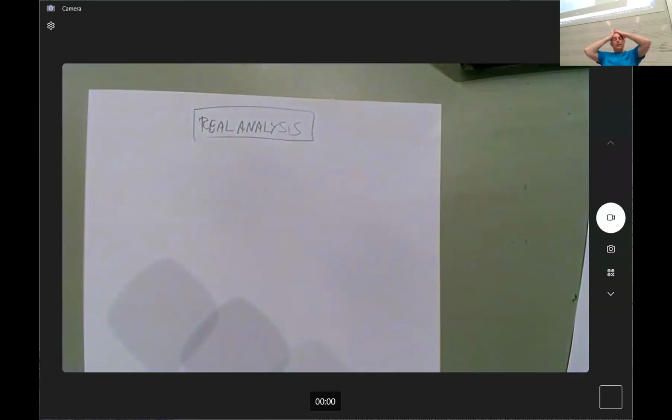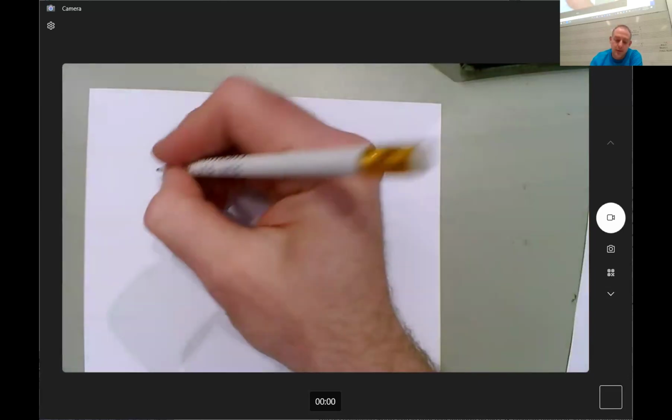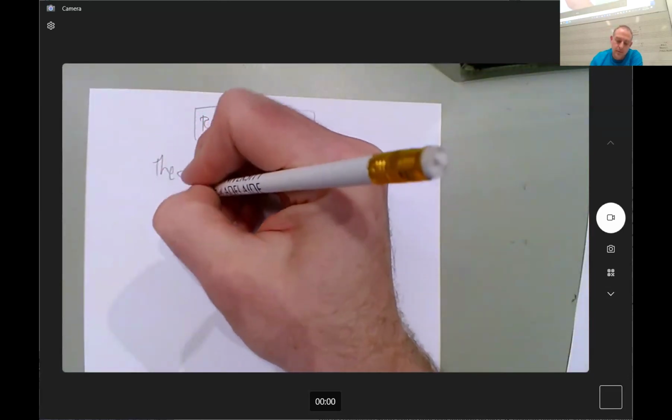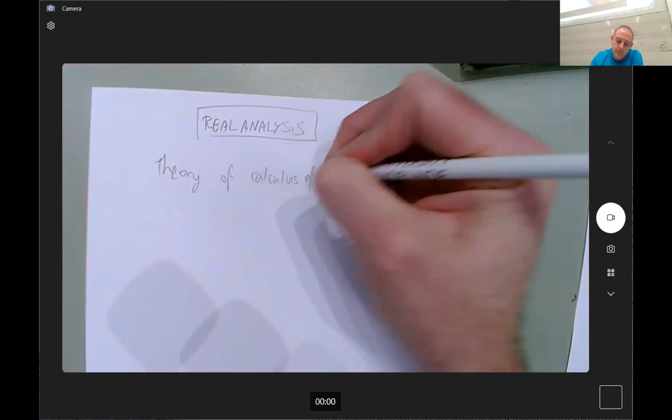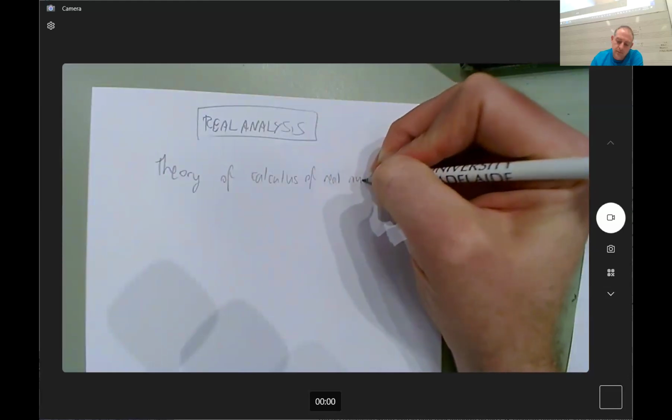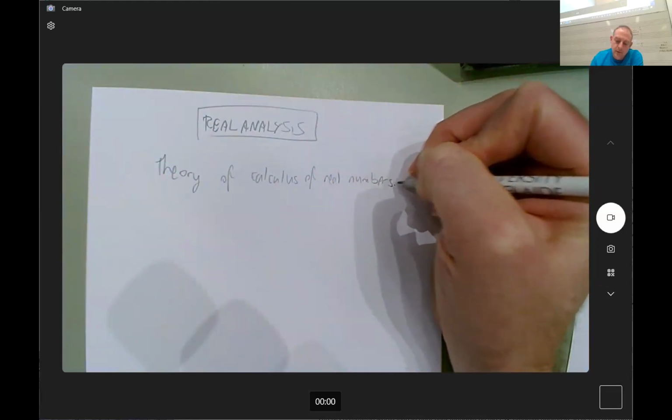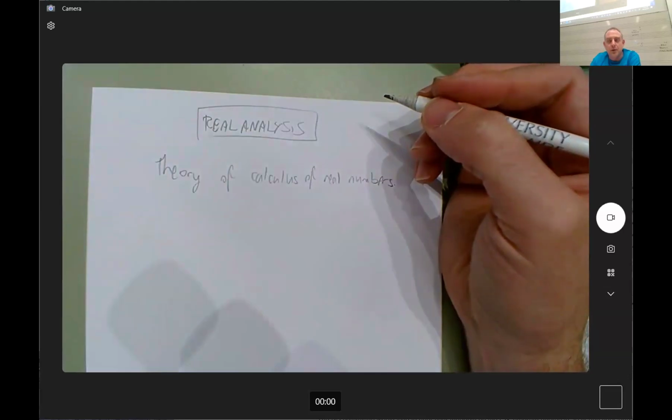All right. So real analysis is about all the theory behind how the calculus of real numbers works, right? Let's see if we can remember what's in the course.